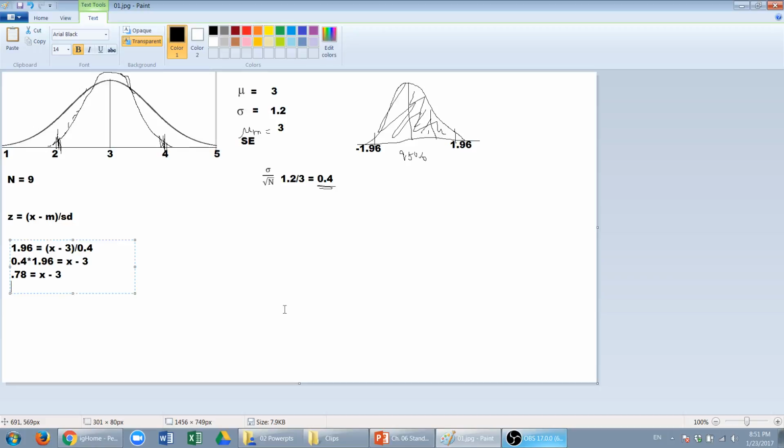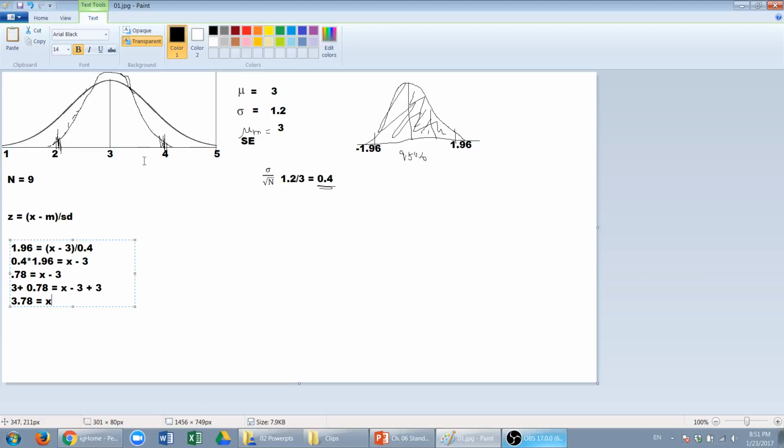Now let's get rid of the 3. So 3 plus 0.78 equals x minus 3 plus 3. This will cancel out, so only x remains, and this adds together to 3.78, which equals x.